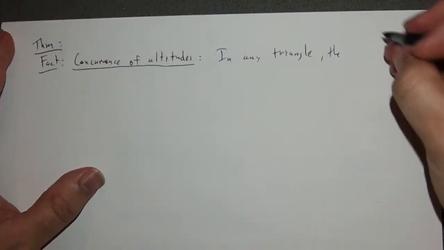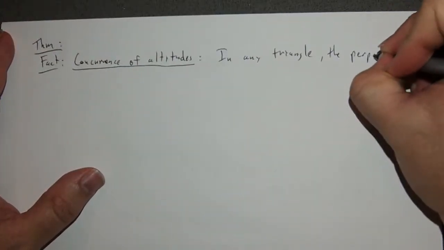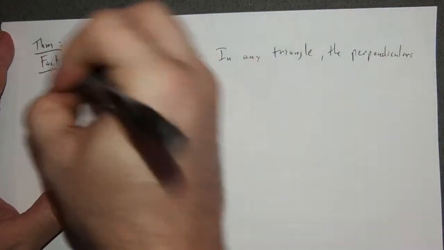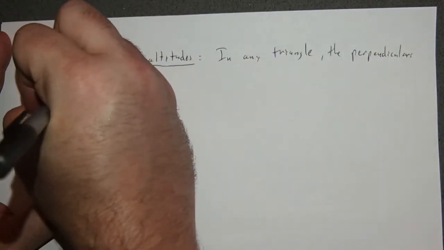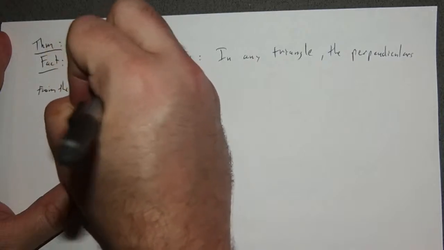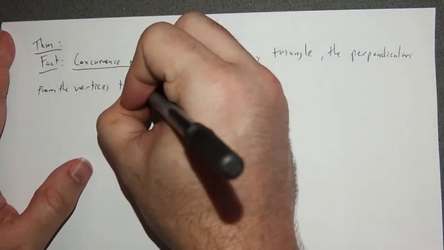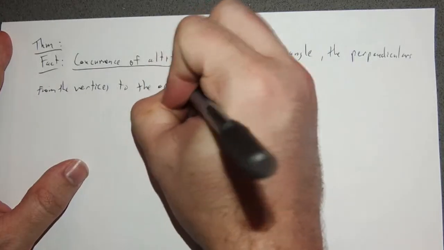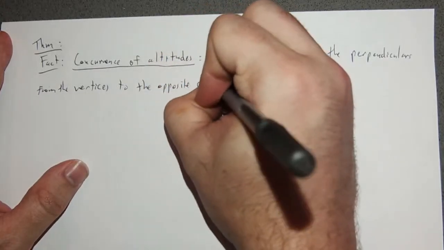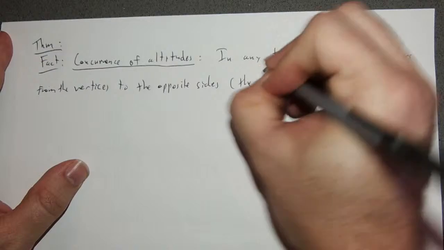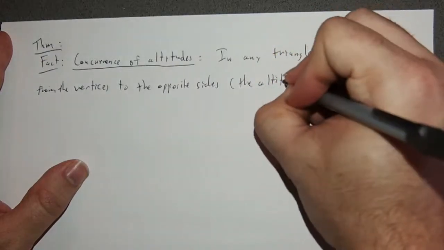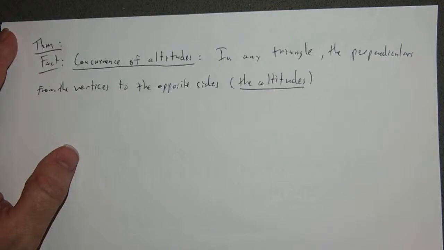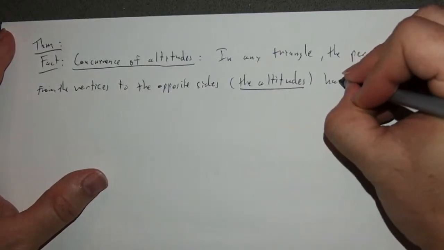In any triangle, the perpendiculars from the vertices to the opposite sides, these are the altitudes, this is the definition of altitude of a triangle, have a common point.